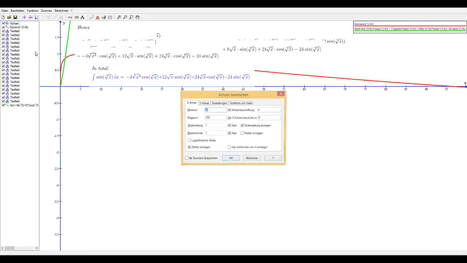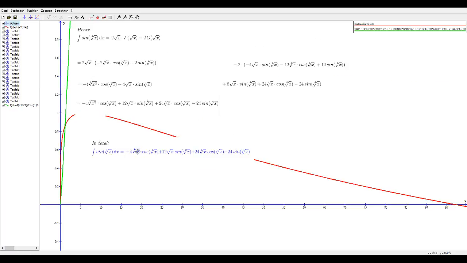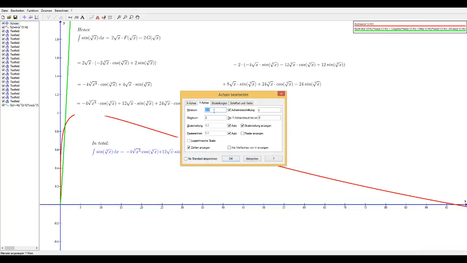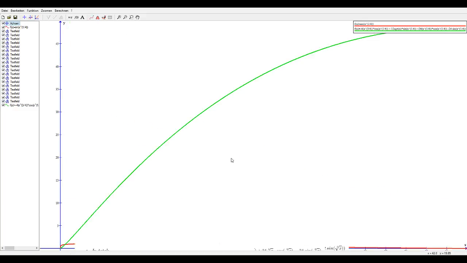Let us actually make the y-axis much smaller. Okay, and then we will need to make the y-axis a bit higher. Let's make it at 50. Let us get rid of the texts that are on the way, because we've basically seen the solutions already.